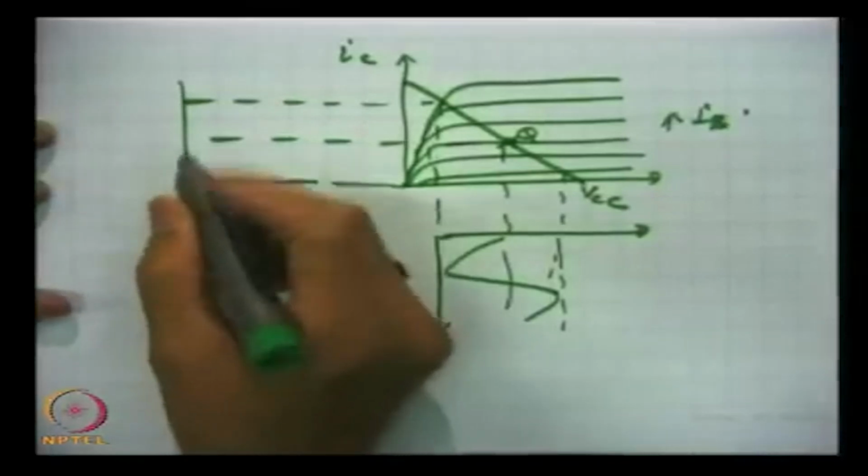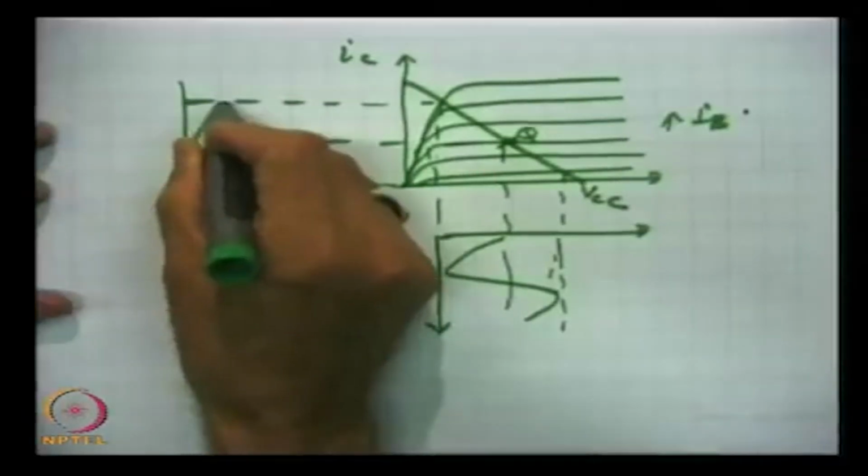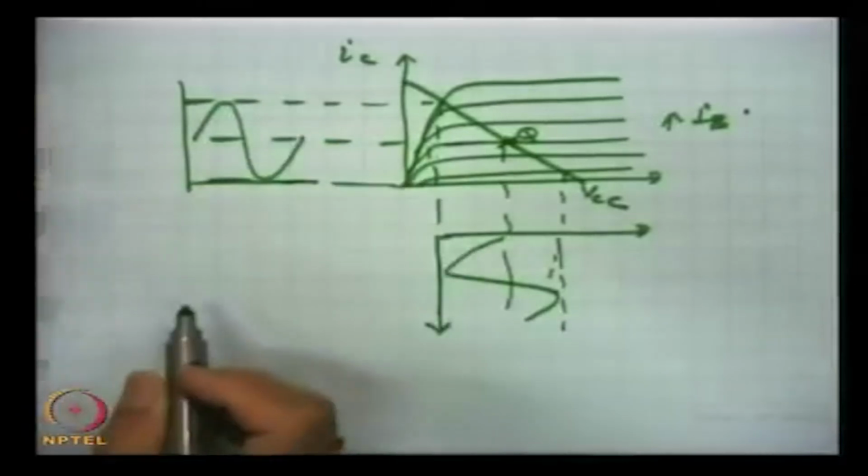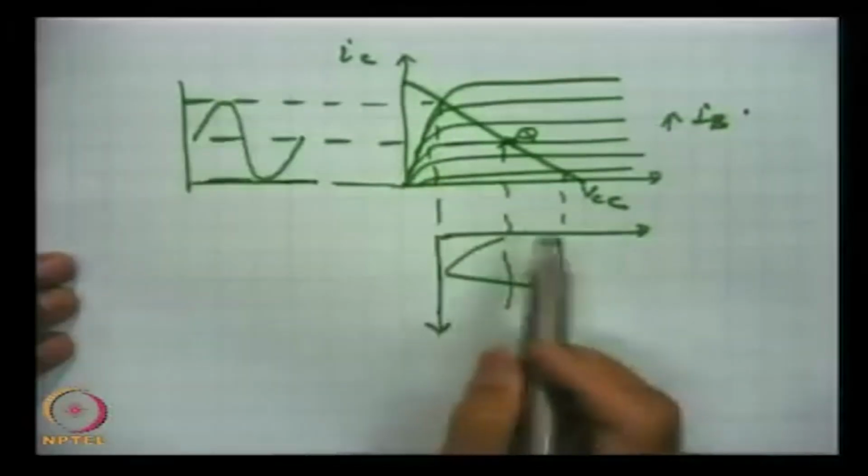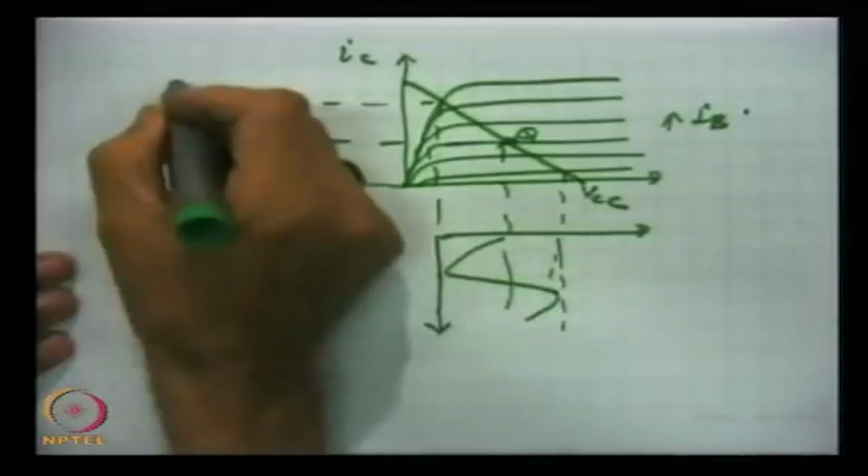This current varies like that. This is a very large voltage swing and large current swing.